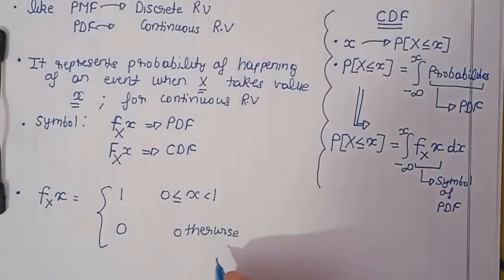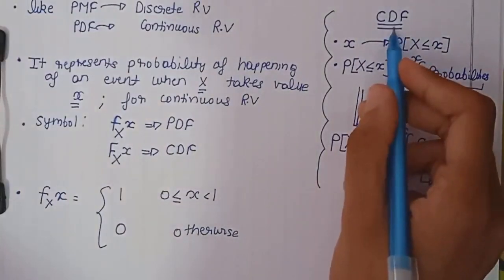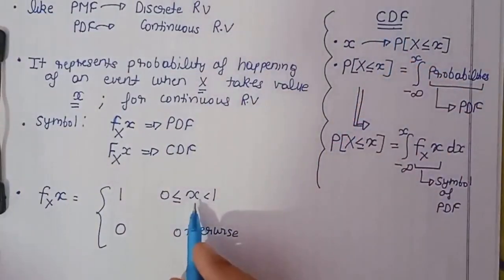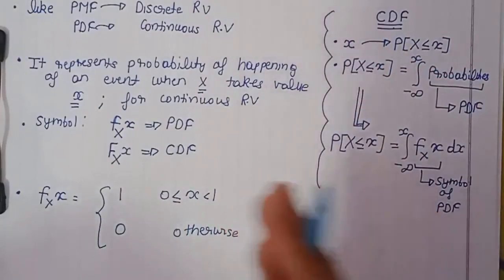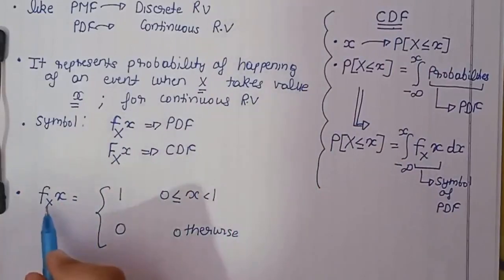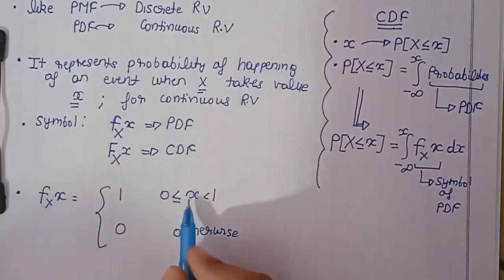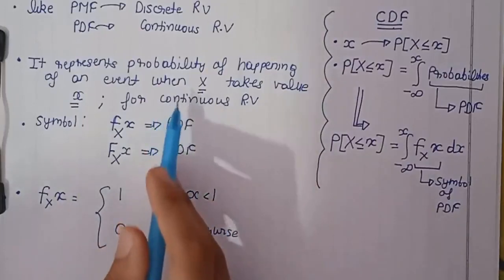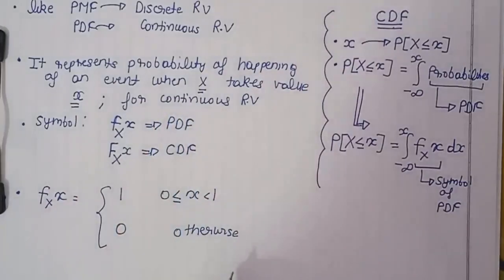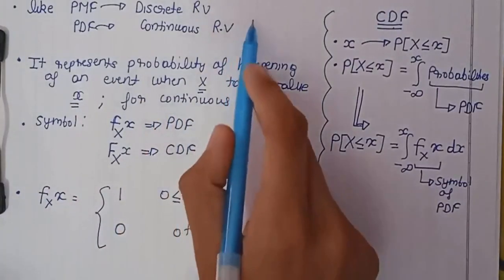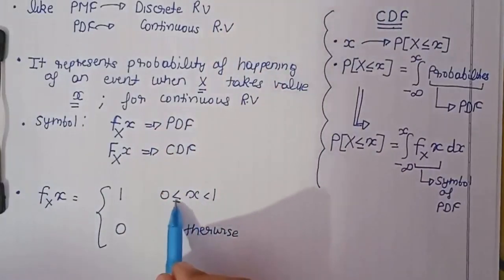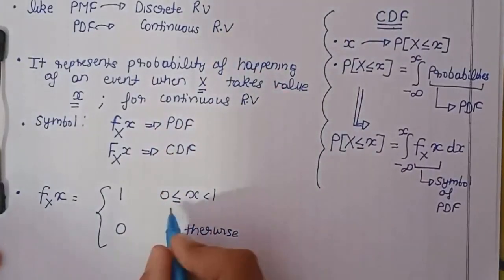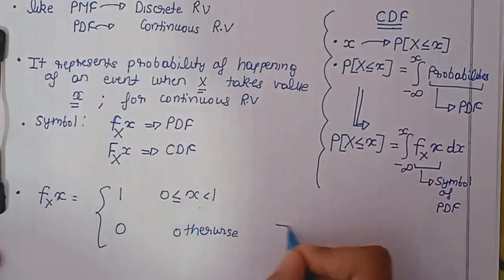Now you must note that in the CDF we studied that at any point x we get the sum of the probabilities at x and for the points less than x. But in the PDF table at any particular point we get the probability when X takes that value. It is quite similar to the PMF. The only difference is that here x varies in a continuous range. Like in this example, the range is 0 to 1.